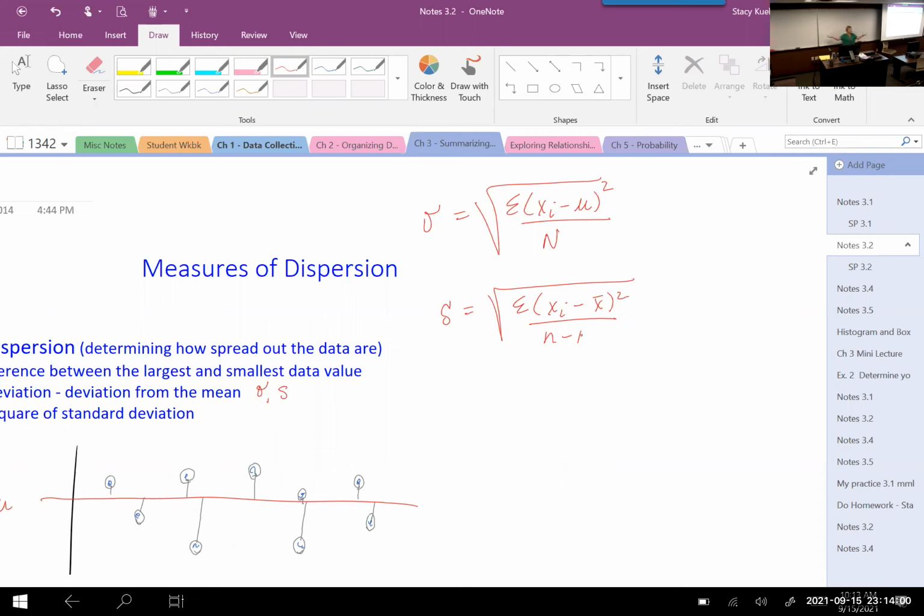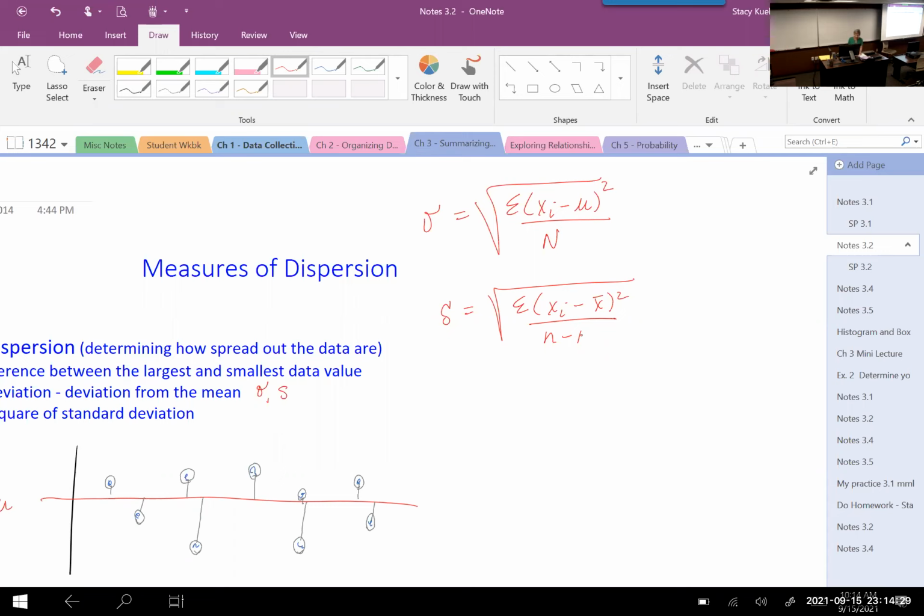Because the median is just the middle number. The median has nothing to do with any other number around it except that it is in the middle of the list. So the median is resistant and the mean is not. Standard deviation is not resistant, and this is why: if you look at the formula, you'll see that the mean is part of the standard deviation.